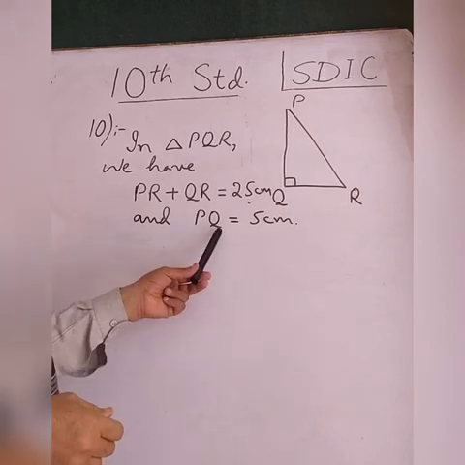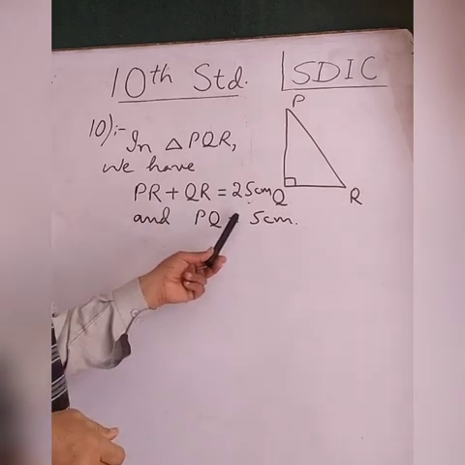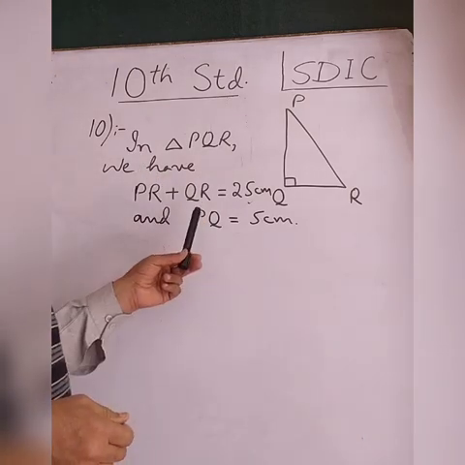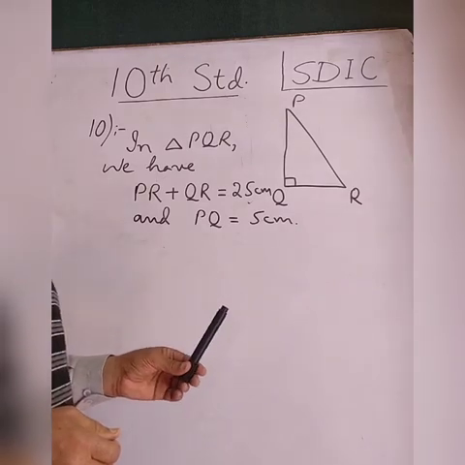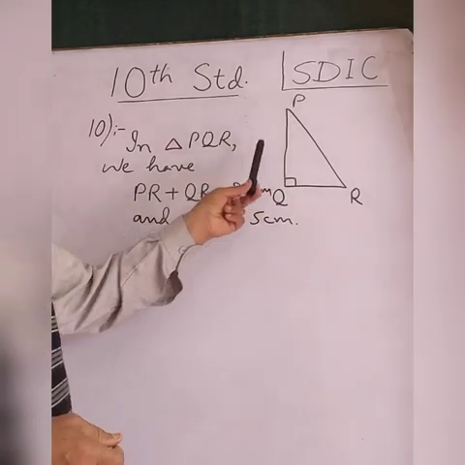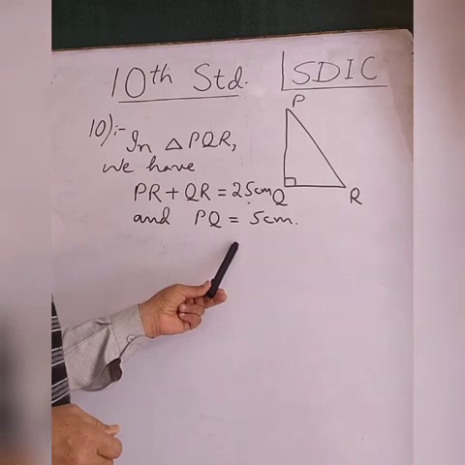Only one side is separately given. The sum of the remaining two sides is also given. If you recollect, in solving previous questions, before getting the results as per the statement that were asked, we had to find the lengths of all the three sides, individual sides. Here only one side is directly given.